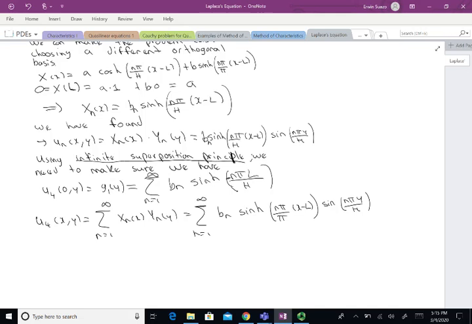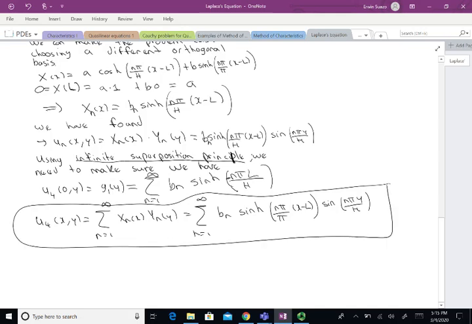So that's how our equation is going to look. This is going to be our solution. Oh, b_n and then times sine n pi y over h.